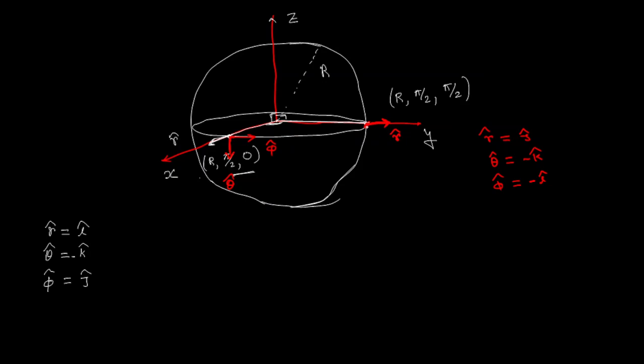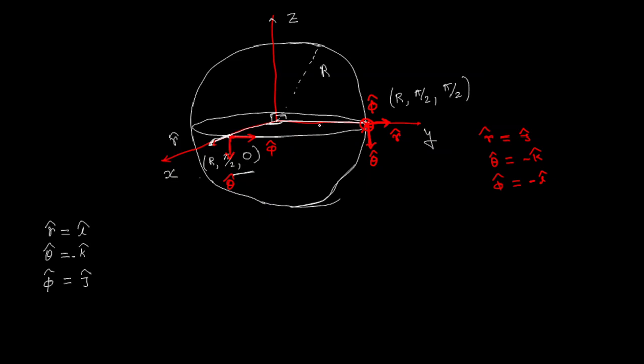Theta cap will be downward in this direction. And phi cap will be minus I cap. The x-axis in this figure is out of the page, so phi cap will be into the page. So you can draw a circle with a cross, which gives you phi cap at this point, meaning into the page.